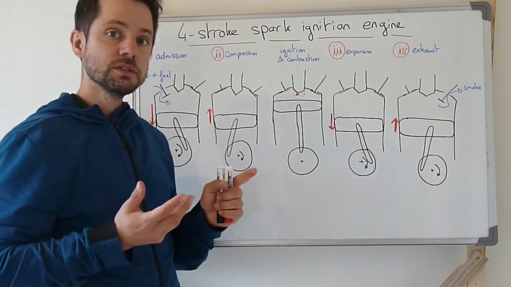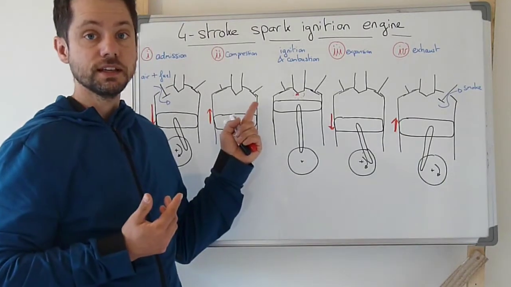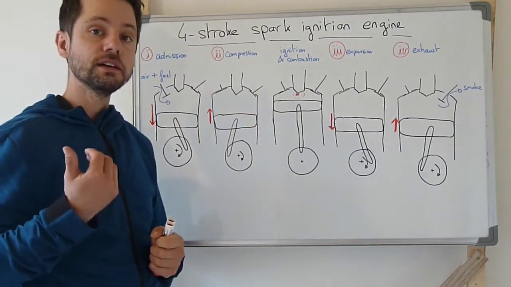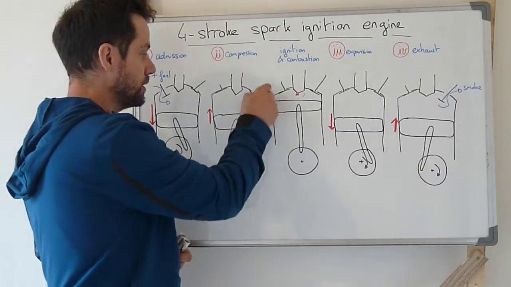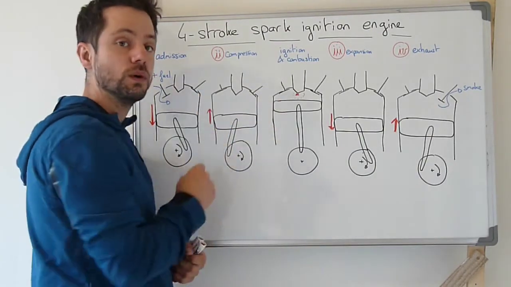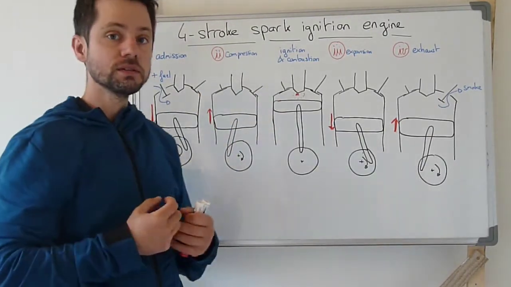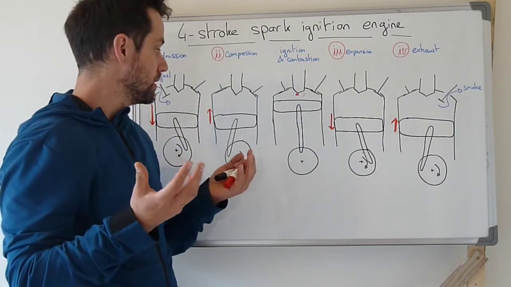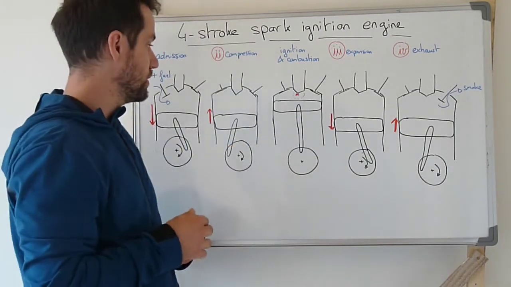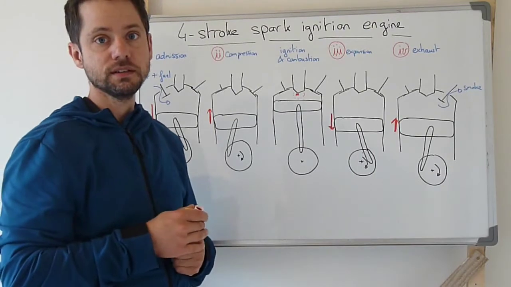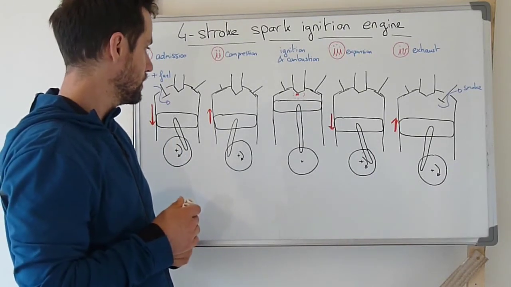In a real motor, this compression is not adiabatic because there are non-negligible heat transfers with the side walls of the motor, because the motor body is cooled down by the cooling liquids of the engine.